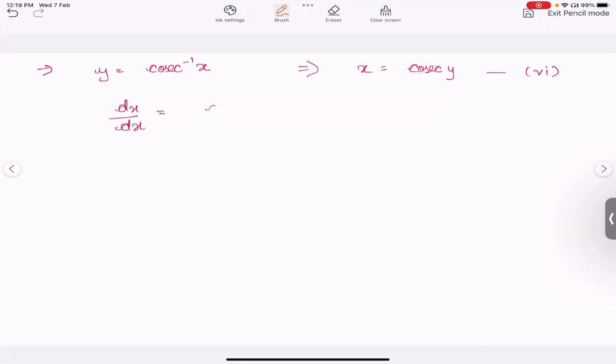So this will become the derivative of x with respect to x, which will be equal to 1, and the derivative of cosec y with respect to x. And again, we have to use the chain rule. So this will be dy by dx times the derivative of cosec y with respect to y.